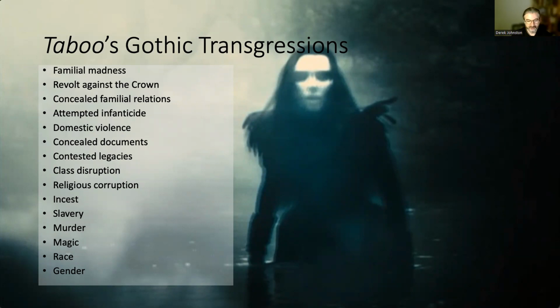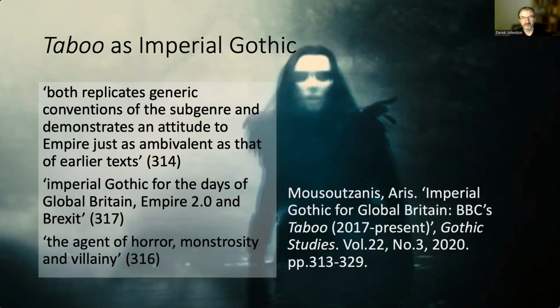Because of this, Aris Moussoutsanis considers Taboo as an example of imperial Gothic for the days of global Britain, Empire 2.0, and Brexit, as it represents the power and grandeur of the empire in the reach of both Crown and Company. While these aspects of success could be admired or at least appreciated aesthetically, those imperial forces and motivations are also the agent of horror, monstrosity, and villainy.